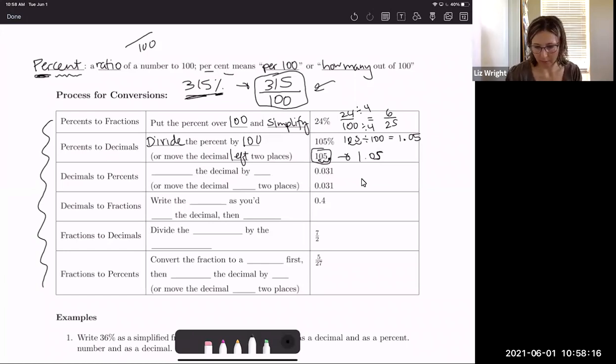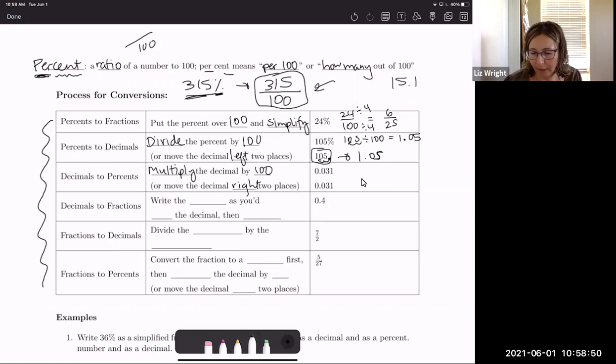All right. Decimals to percents. The next one we are going to multiply. So if we're taking a decimal, like if it was 15.1, and we say, okay, now let's take that decimal and change it into a percent. Well, this time we are going to multiply the decimal by 100, or we're going to move the decimal right 2 places.